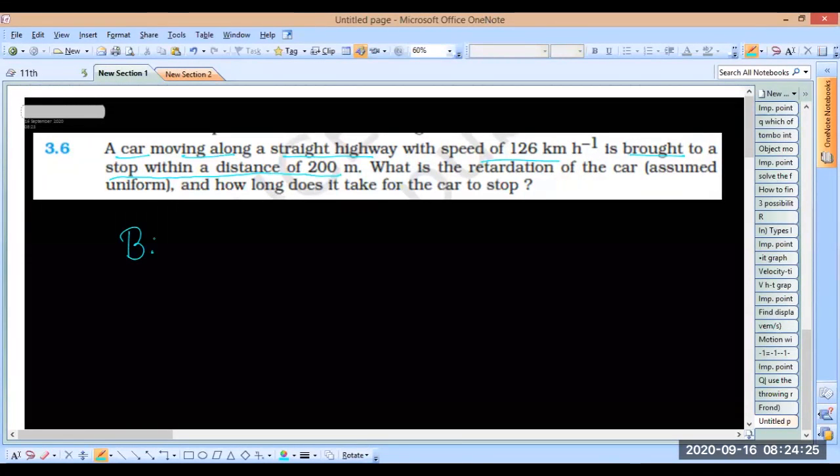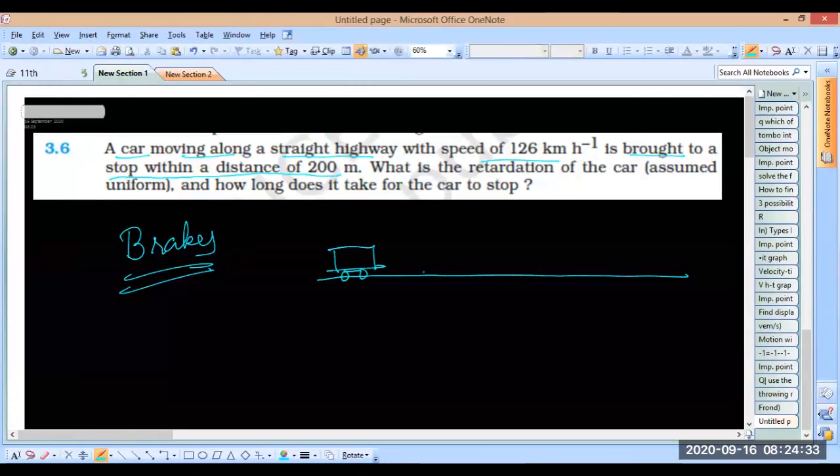So definitely the driver is applying brakes, correct? Imagine this long straight road, no turns or anything. This car is moving with a speed of 126 kilometer per hour, and the driver applies brakes. So gradually it will slow down and it will stop. It stops over here, let's say.